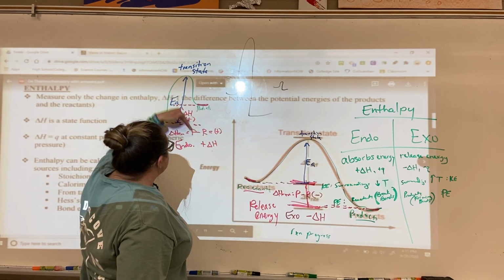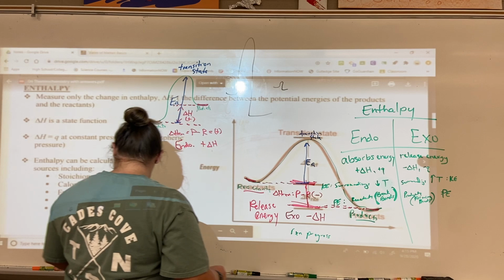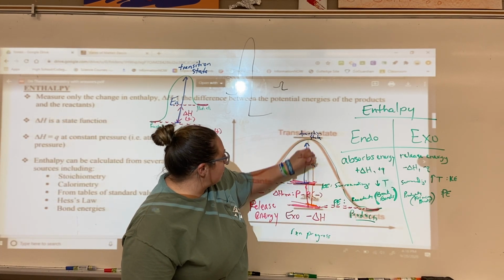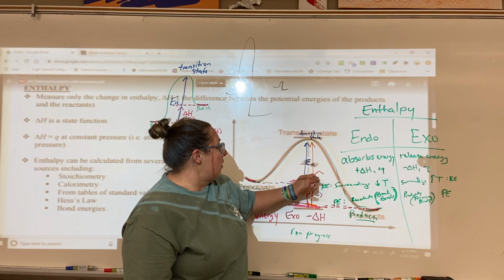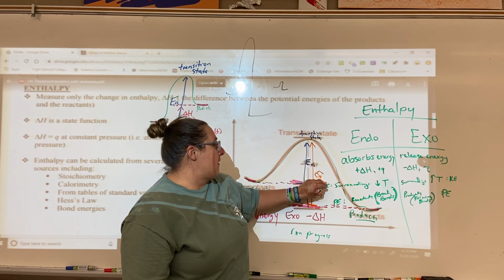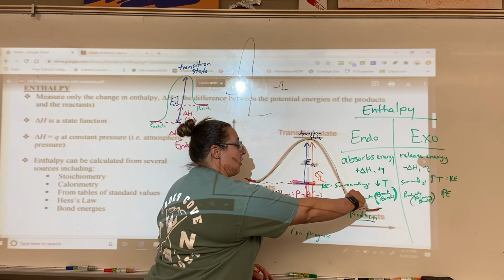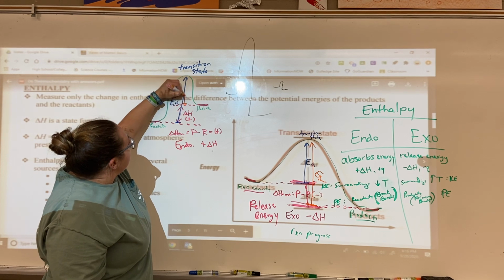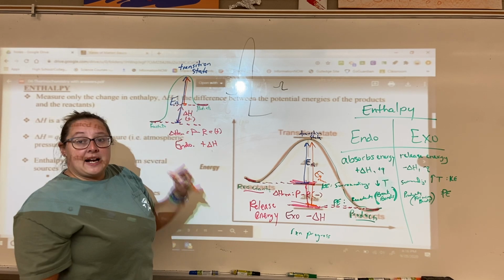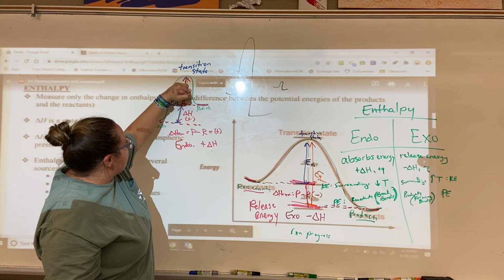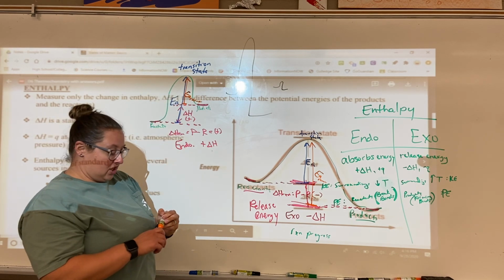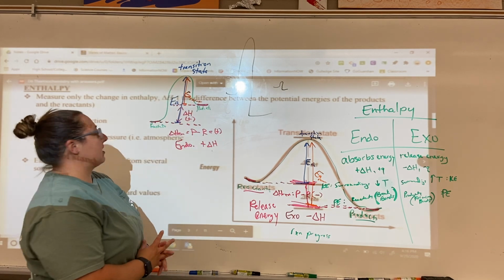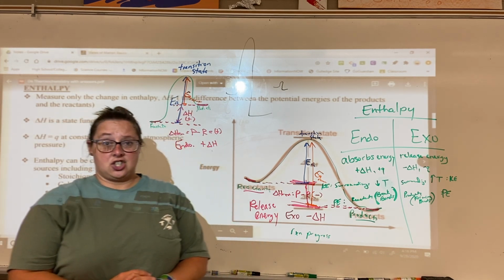So this blue is the activation energy for the forward reaction. The orange, from my products to the transition state, would be the activation energy for the reverse reaction if I was going from products to reactants. Same idea here: from my products to my transition state, that is my reverse activation energy. And that's only if I'm going backwards, products to reactants.